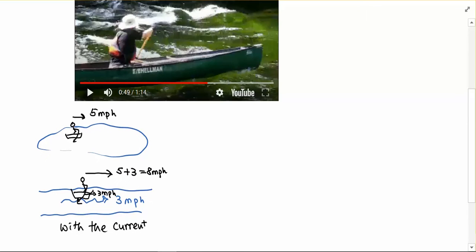Now what you see in the YouTube video I have put above is going against the current. Let me draw a picture again. So here's your river. It's flowing in this direction at 3 miles per hour, and this person is on the river, but this time this person is going that way.